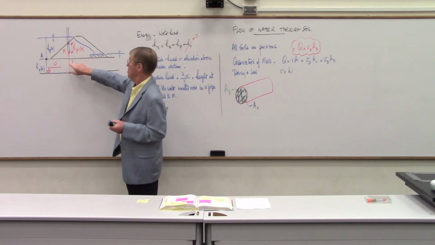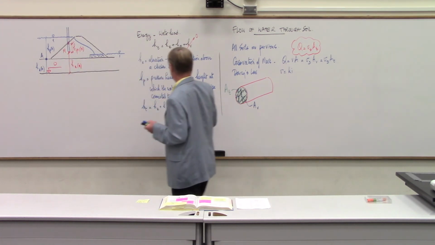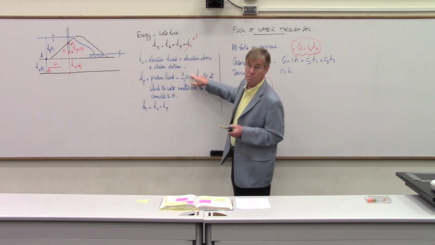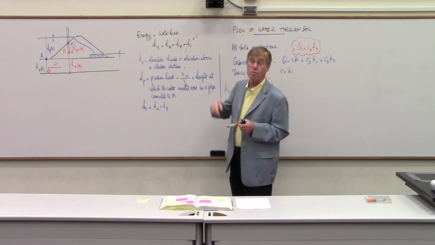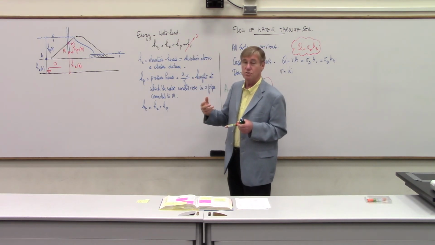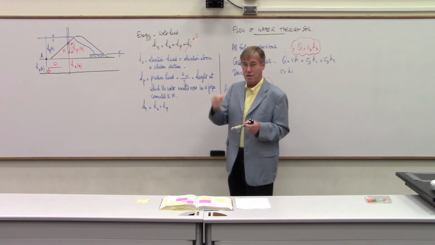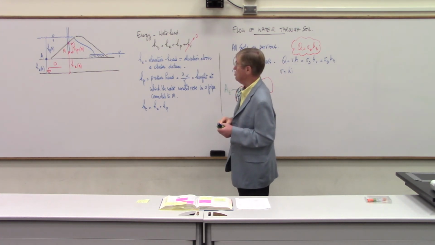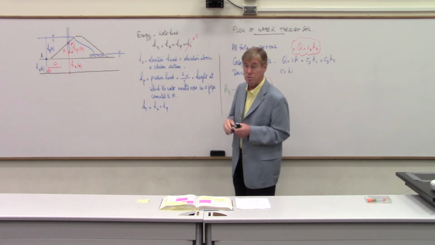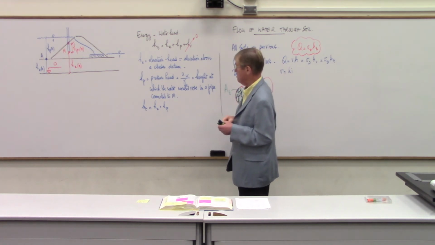Why? Because once you have H_P, you got u_w. And once you've got u_w, you can calculate the effective stress. And once you have the effective stress, you can calculate the shear strength, as we will talk about later in the course. So that's why it's so important to be able to get this H_P.